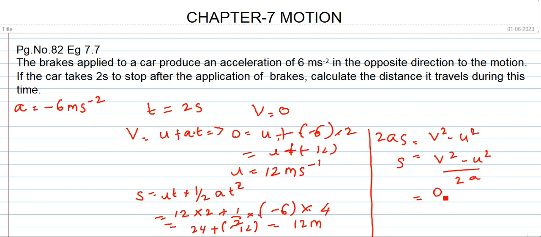So your v square is 0, and u square is 12 square by 2 into -6. So what do we have? Minus 144 by -12. So we have 12 meter. So we get the same answer from both the equations.